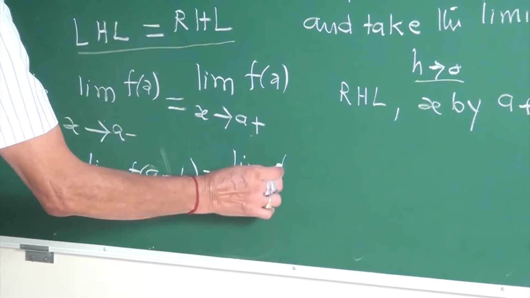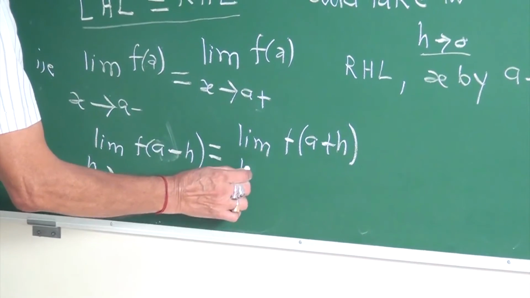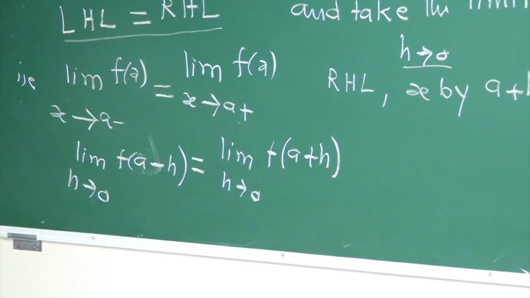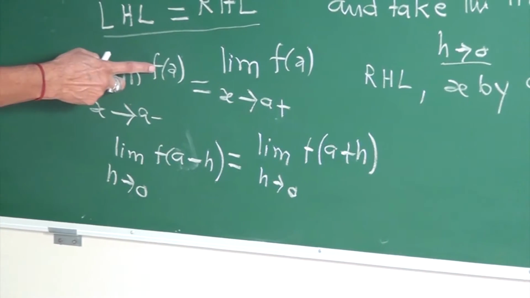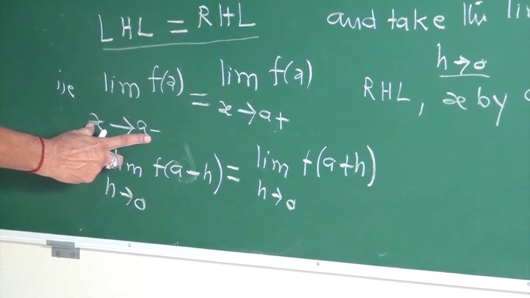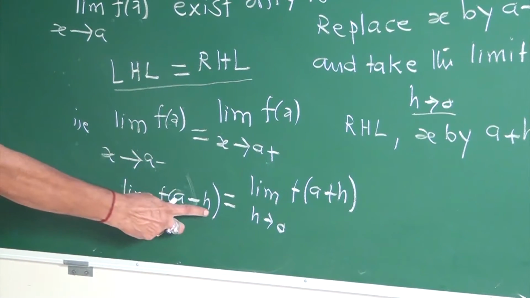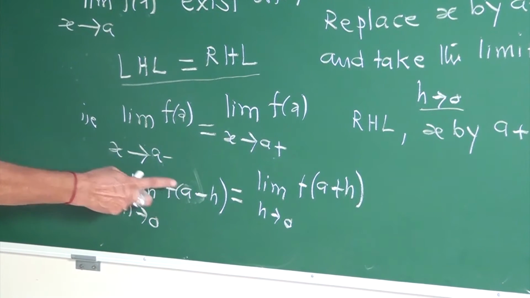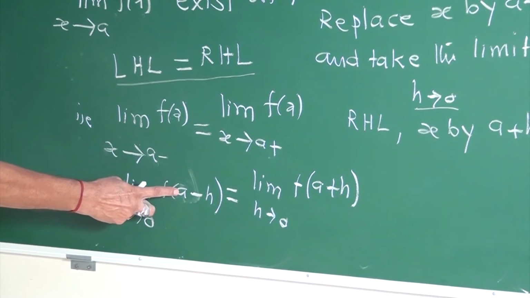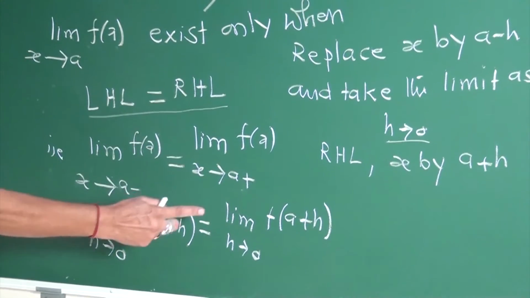In finding RHL, replace x by A plus h and take the limit as h tends to 0. Therefore, LHL is the limit of f(x) as x tends to A minus, and the next step is to replace x by A minus h. This is for the LHL, this is for the RHL.